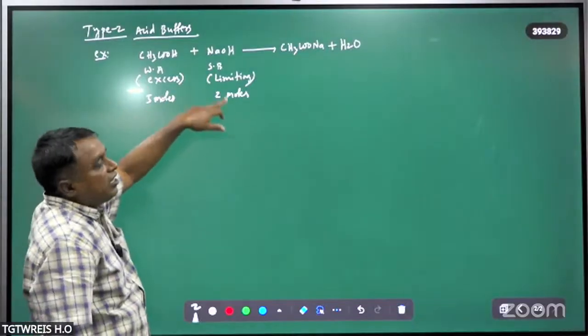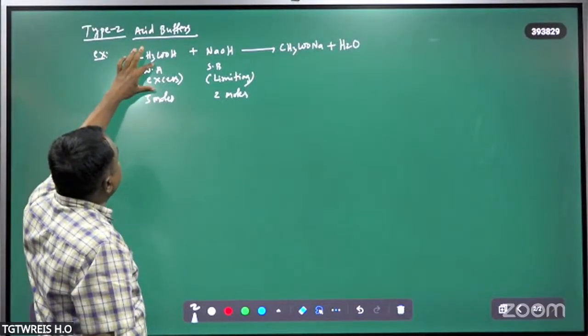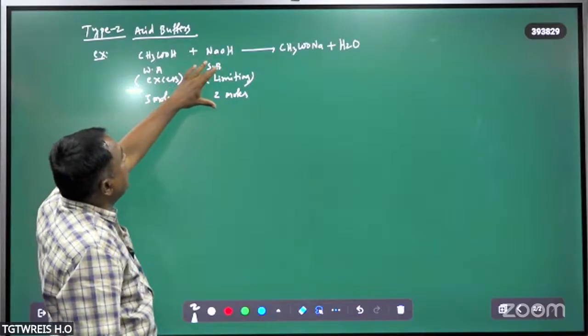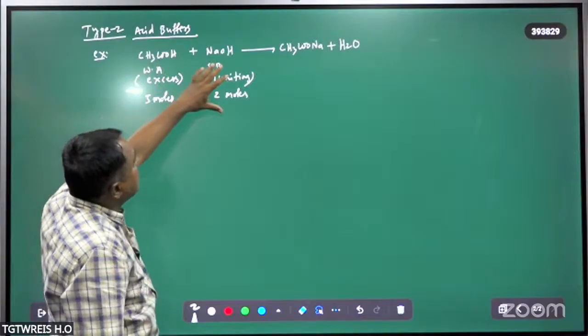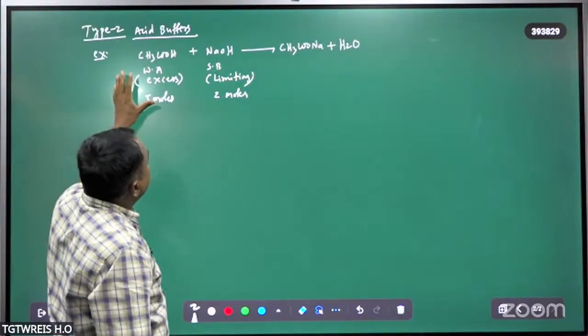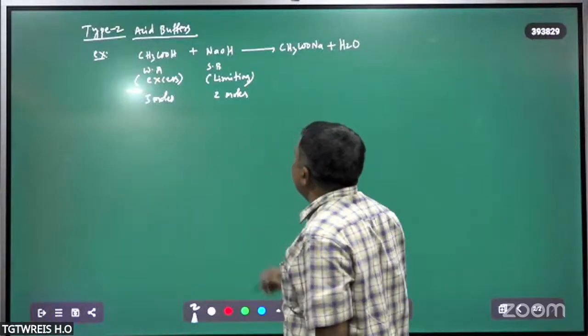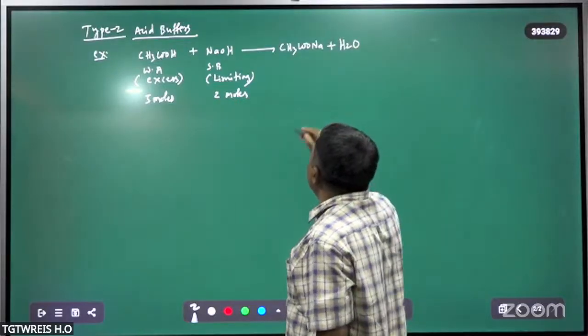Combining these two, you get CH3COONa plus water. The limiting reagent decides the formation of CH3COONa.